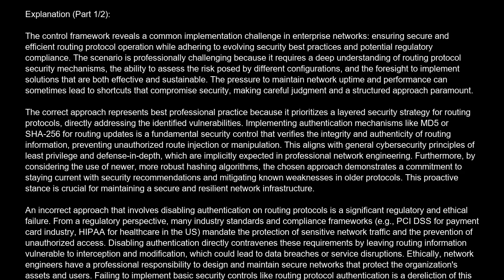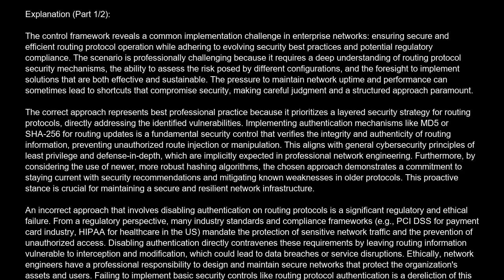An incorrect approach that involves disabling authentication on routing protocols is a significant regulatory and ethical failure. From a regulatory perspective, many industry standards and compliance frameworks, e.g., PCI DSS for payment card industry, HIPAA for healthcare in the U.S., mandate the protection of sensitive network traffic and the prevention of unauthorized access.